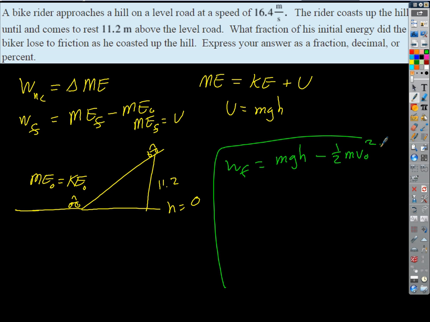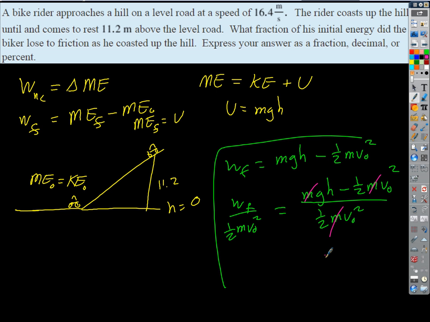And if we want to find the ratio of the work due to friction divided by the initial energy, well, that's just kinetic energy. We're going to get the same equation, aren't we? We're just going to get mgh minus 1/2 mv naught squared divided by 1/2 mv naught squared, and we can cancel the m's just like before.